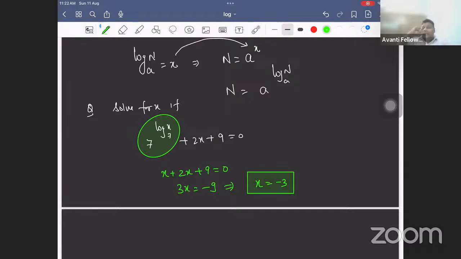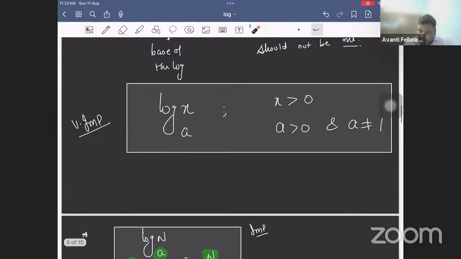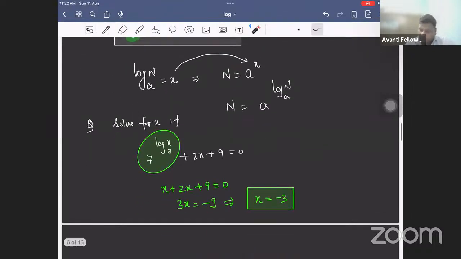Now tell me, can it be a valid answer? No. Why? Because this is your original question. In this question, x is the component of log. And on the previous page, I told you the component of log should be positive, not negative. So once you get the answer x equals minus 3, it is rejected because of this point. So simply we will write this is rejected. So no solution.